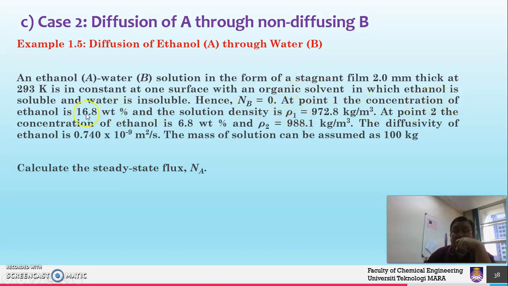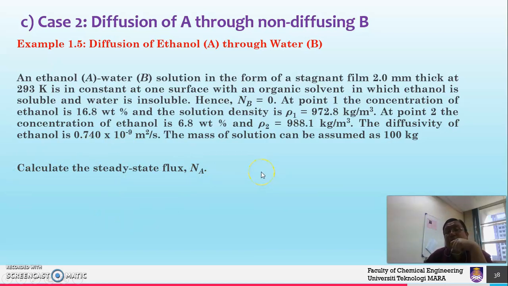Concentration of ethanol is 16.88% at point 1 and 6.8% at point 2, with the respective rho 1 and rho 2 at 972.8 and 988.1. The diffusivity of ethanol is this value, and the mass is assumed as 100 kg. Let's calculate the steady state N_A.